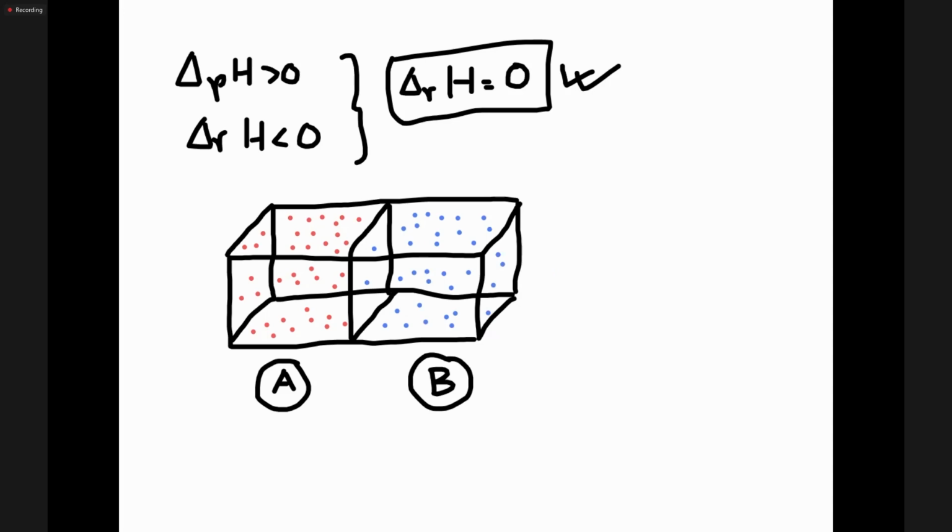Now, they are separated by a movable partition. This green window is a movable partition.